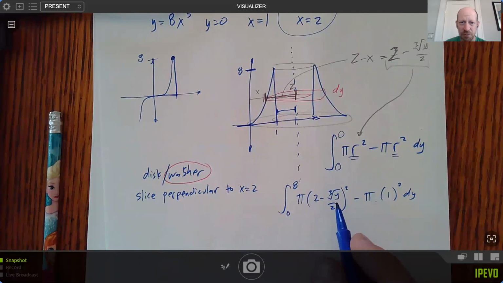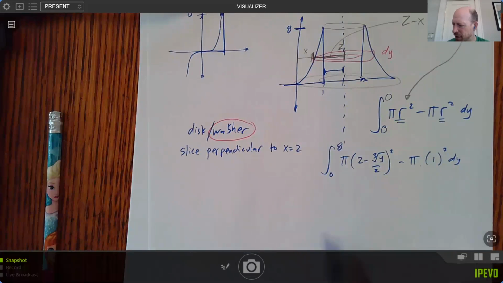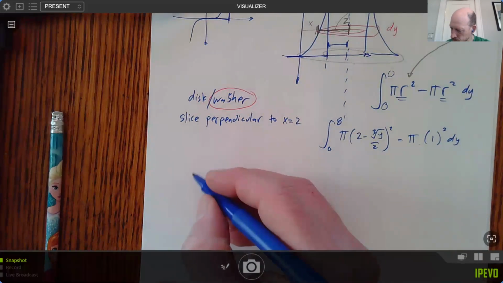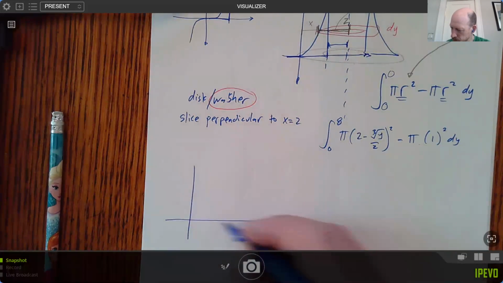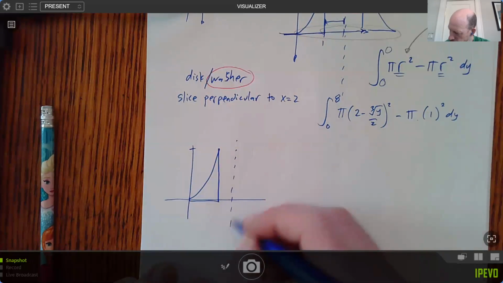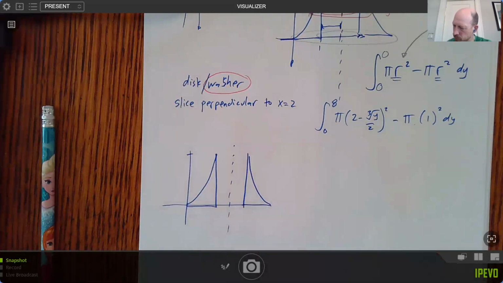But I would rather show you how to set it up as a cylindrical shell and see if that can help us evaluate that integral in maybe a better way. Same shape.